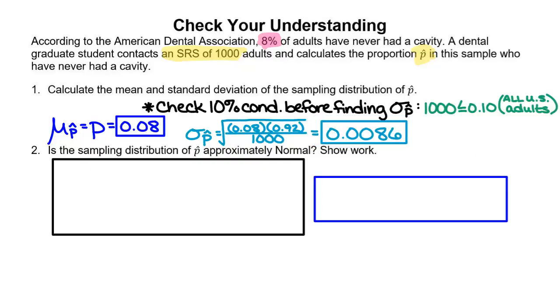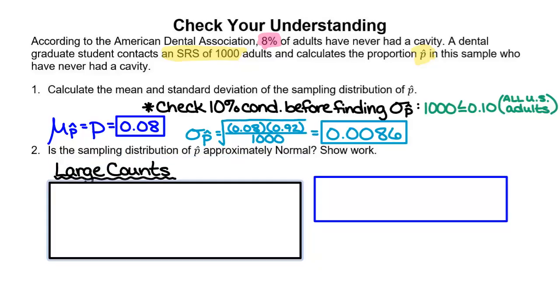Yep, 0.0086. What do I need to do to be able to answer number 2? Check if it's normal. Is it large counts? 10% is to make sure I can use my standard deviation formula. Large counts is what we do to check to see if it is approximately normal.